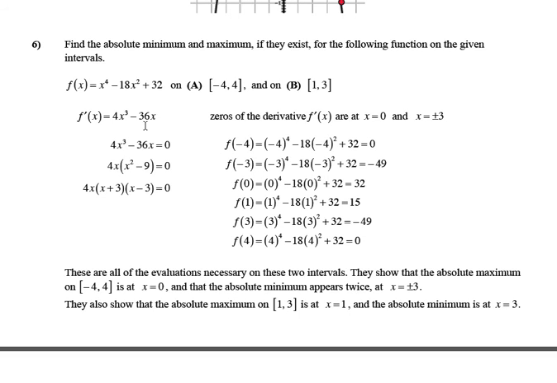So, to find those critical numbers, we take the derivative. This derivative is just using the power rule, 4x cubed and negative 36x. Now, when you set this equal to 0 and factor to find the critical numbers, don't forget, you're not just factoring out a number.